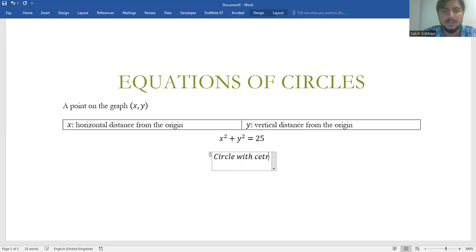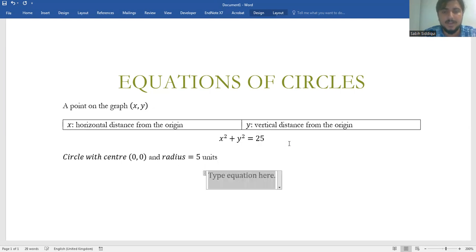with center 0 and 0, and radius is 5 units, right? So we can generalize this equation in this form, that x square plus y square is equal to r square.